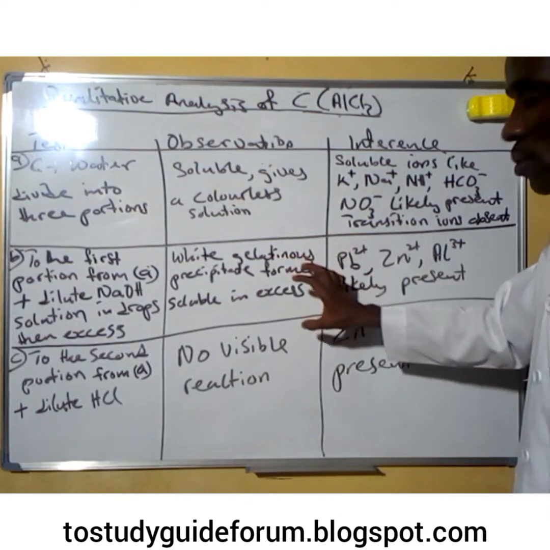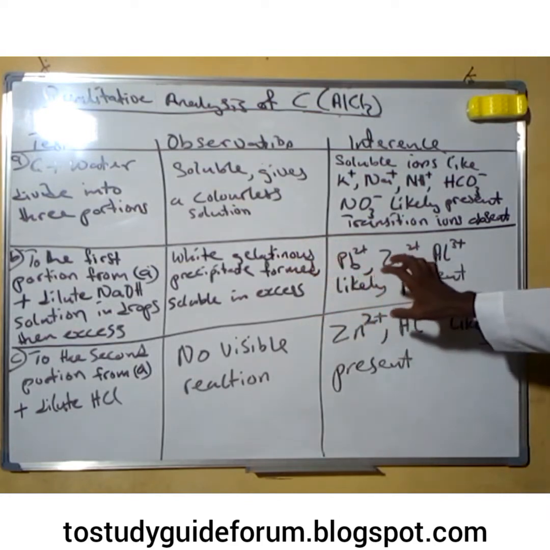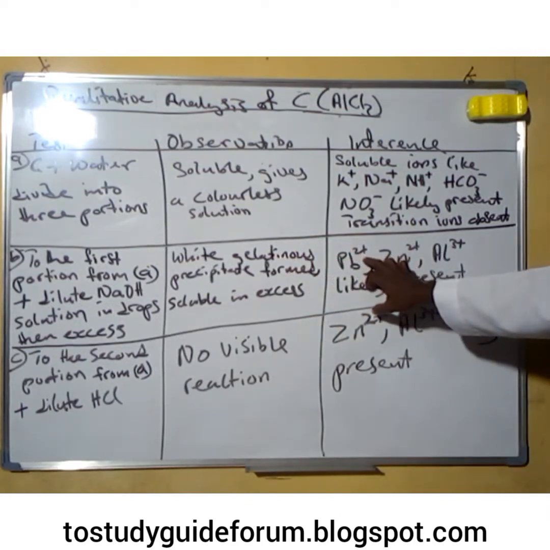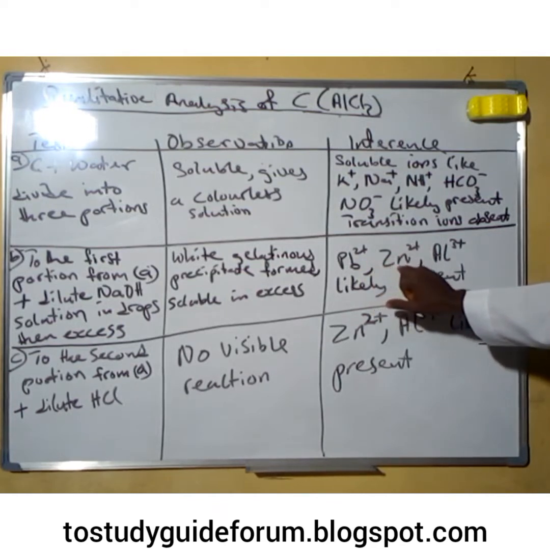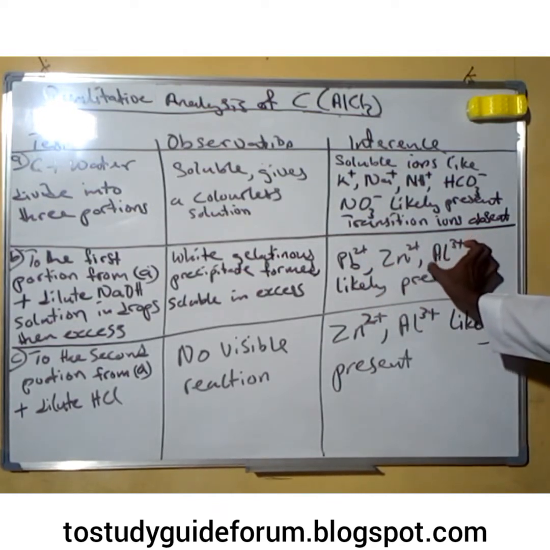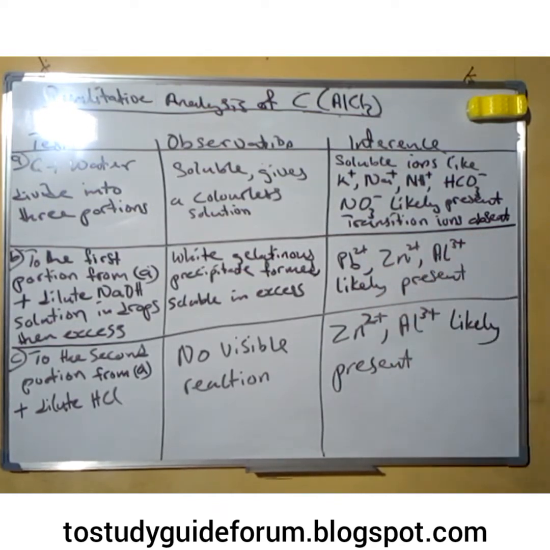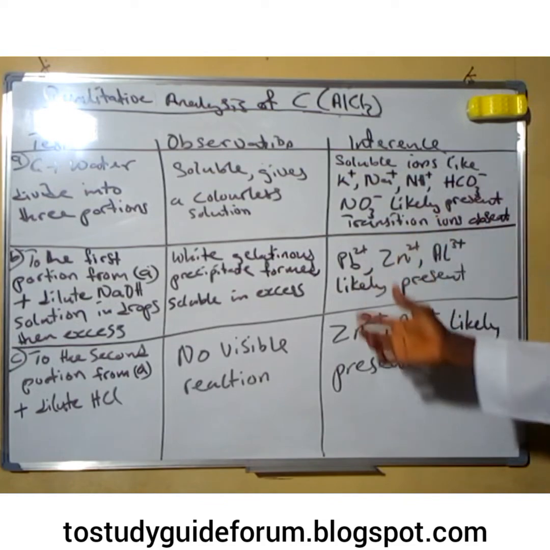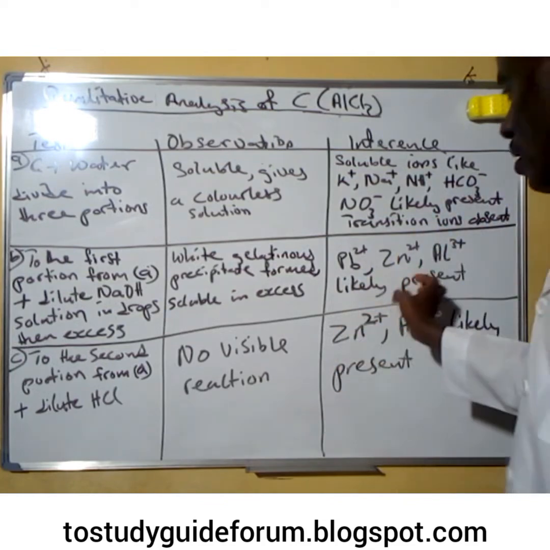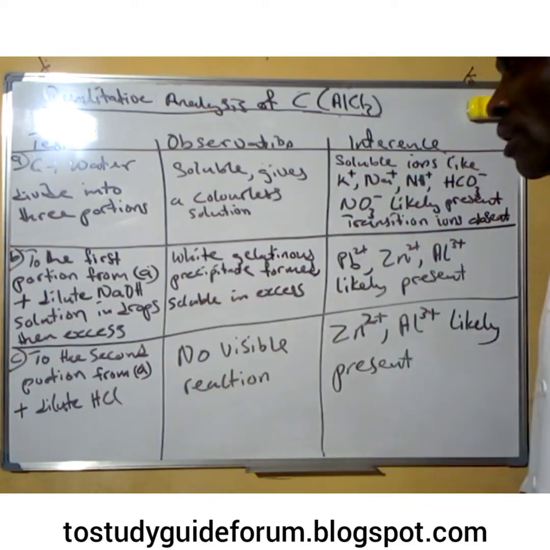From this observation, it's likely to be lead ion, zinc ion, and aluminium ion that are present, because these three ions behave in a similar way whenever dilute sodium hydroxide solution is added.